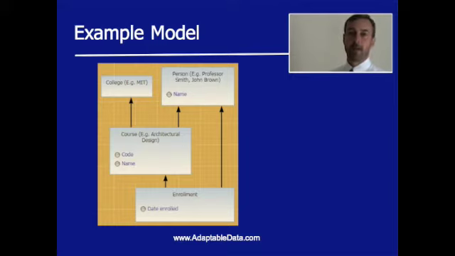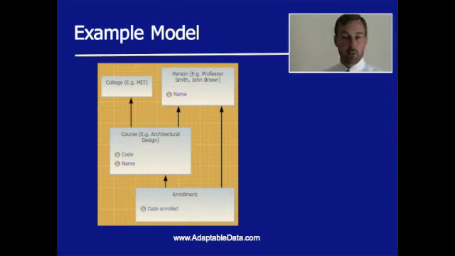That means the course may have been called architectural design when it was first offered by the college, but now it may be called basic architectural design because the course has a companion which is an advanced architectural design course. And the people who run the course have decided to change the name of the course to fit in with some change in the syllabus that they've extended. In the same sort of fashion, the person has an attribute of name, and over a period of time that person may change their name.